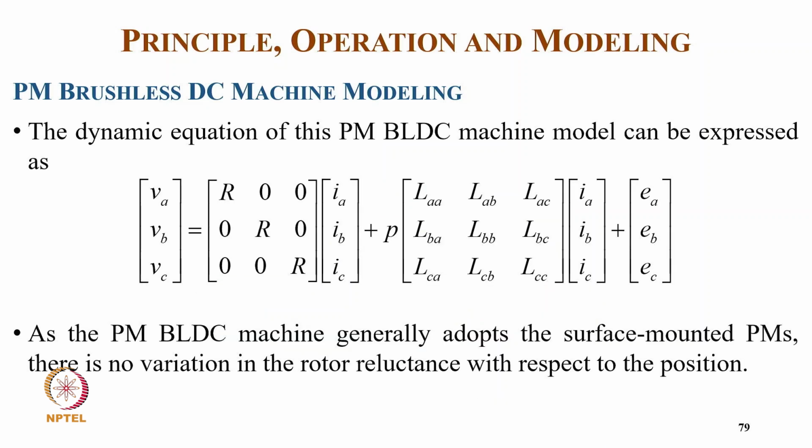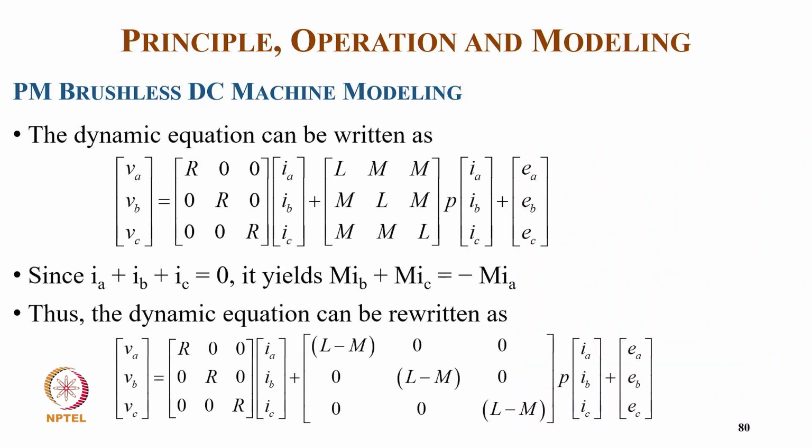So the dynamic equation of this BLDC motor can be represented as VA, VB, VC in matrix form equal to R 0 0, 0 R 0, 0 0 R multiplied by IA, IB, IC, plus P in bracket LAA, LAB, LAC, LBA, LBB, LBC, LCA, LCB, LCC multiplied by IA, IB, IC as a matrix, plus EA, EB, EC. The BLDC machine generally adopts the surface mounted PM, so there is no variation in the rotor reluctance with respect to the position.